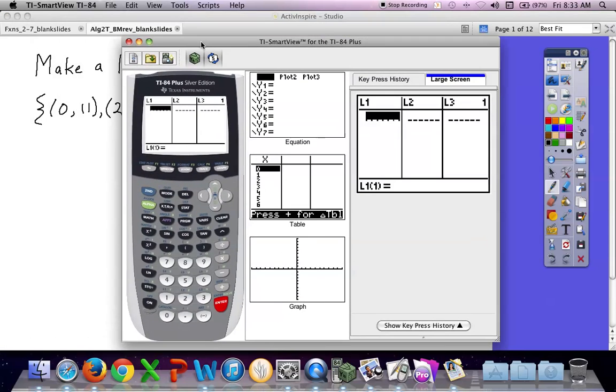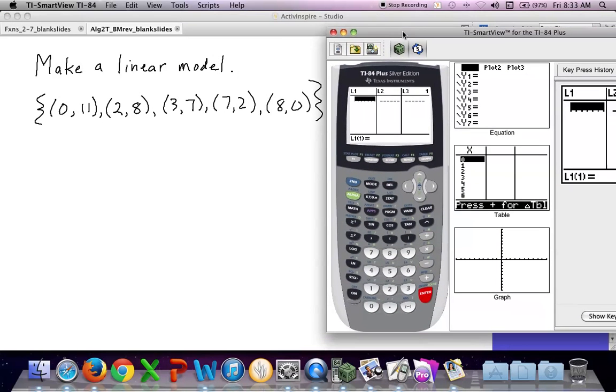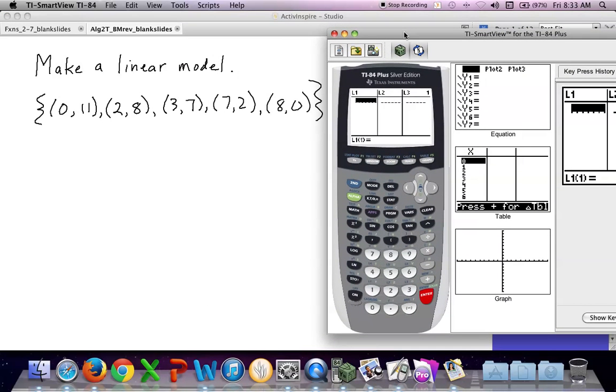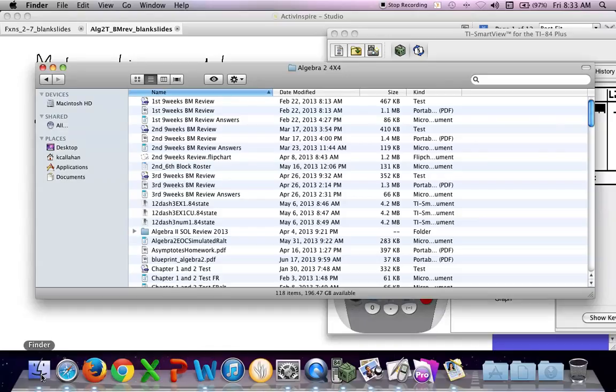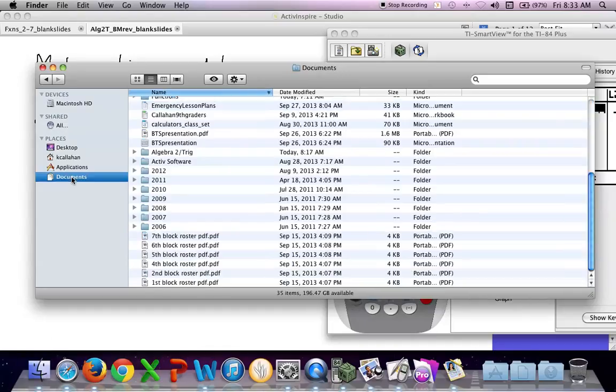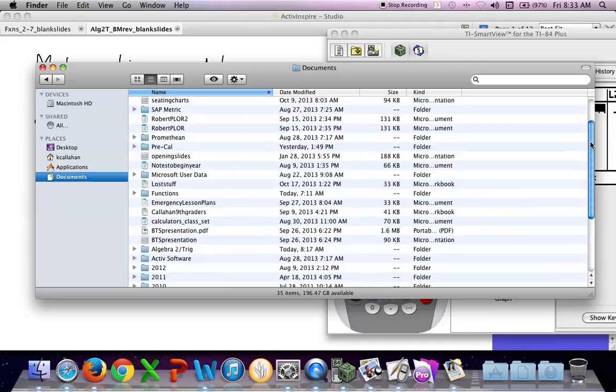So for this set of data that's right there, I've actually already loaded this.